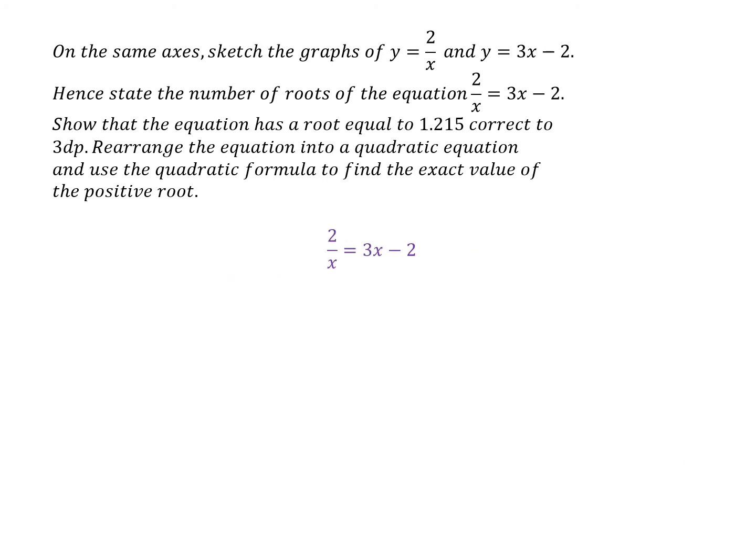So the last part of the question is to rearrange the equation and use the quadratic formula. So this is the equation here. I've got to try to find a way of rearranging that into a quadratic. And the first thing I'm going to do, clearly a quadratic equation has no denominators, so I'm going to get rid of that denominator by multiplying both sides of this equation by x.